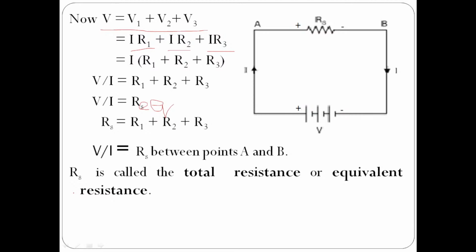So what is R eq? It is the total resistance. R eq or Rs is the total resistance or equivalent resistance in the given circuit, or you can even represent it as RT. You can write it as RT, or RS, or REQ.